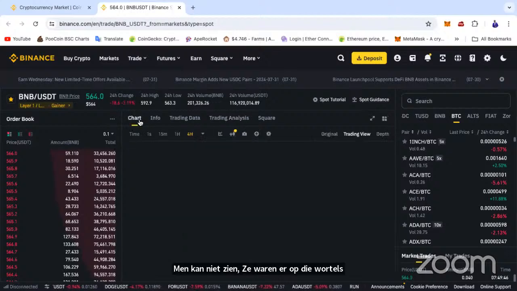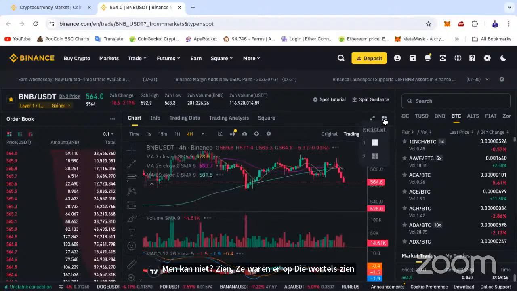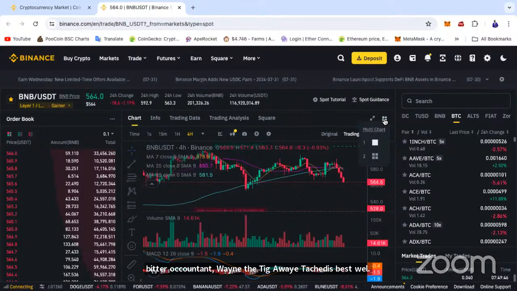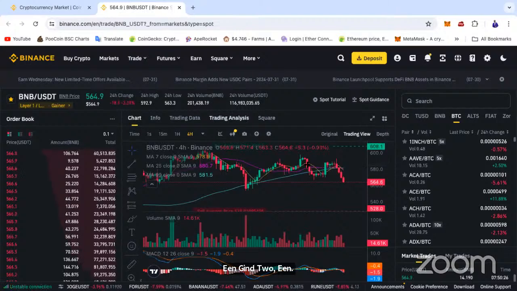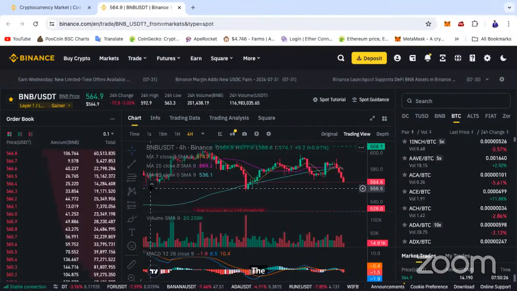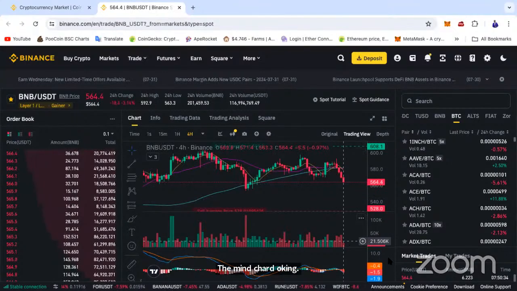Okay, I'm trying to find a better way I could teach this. That's why I'm trying to use a multi-chart. Okay, I will maneuver.